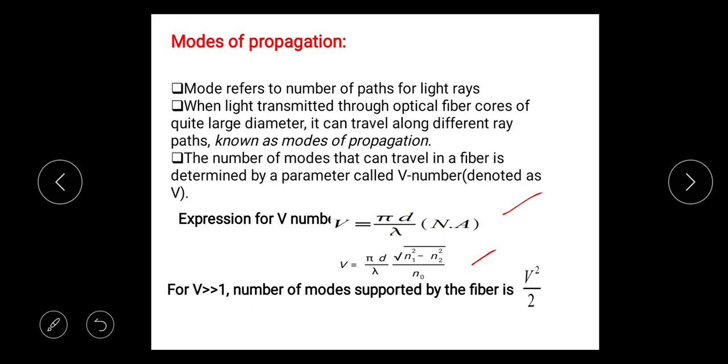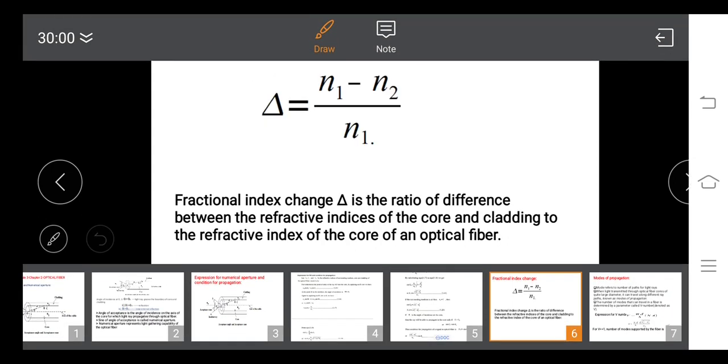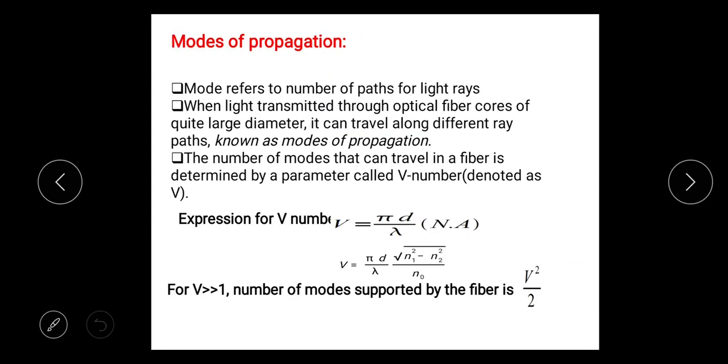So by using this V number formula, we can find out the number of modes supported by the fiber. N is called the number of modes, that is equal to V square by 2. So this expression is required to calculate the number of modes in an optical fiber.